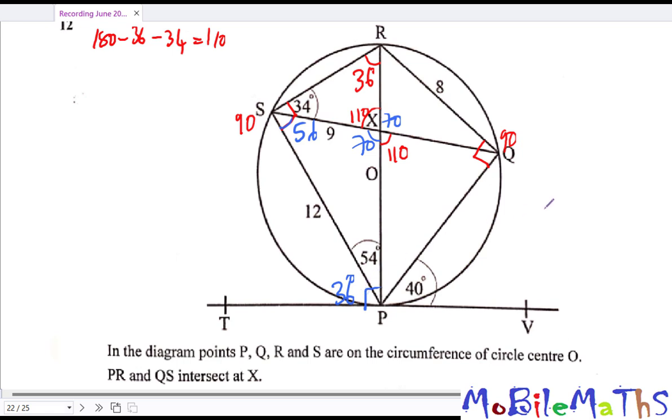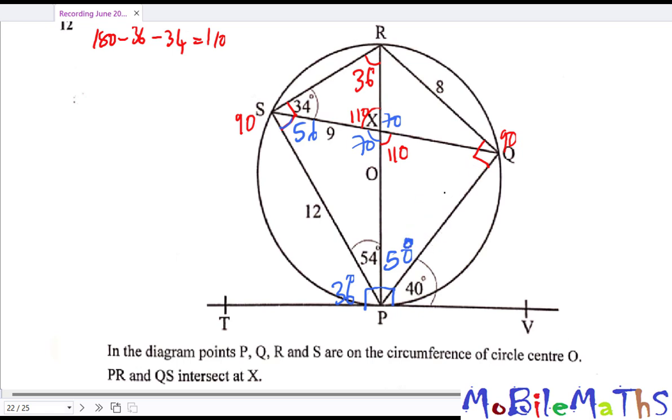Even if I did not use this idea, I can also use the idea that opposite exterior is equal to opposite interior. You see, we have got 36 on those points, so we can also make use of that idea. Then for this side, it's also 90 degrees, so I can say 90 minus 40. Here we are going to get 50 degrees.